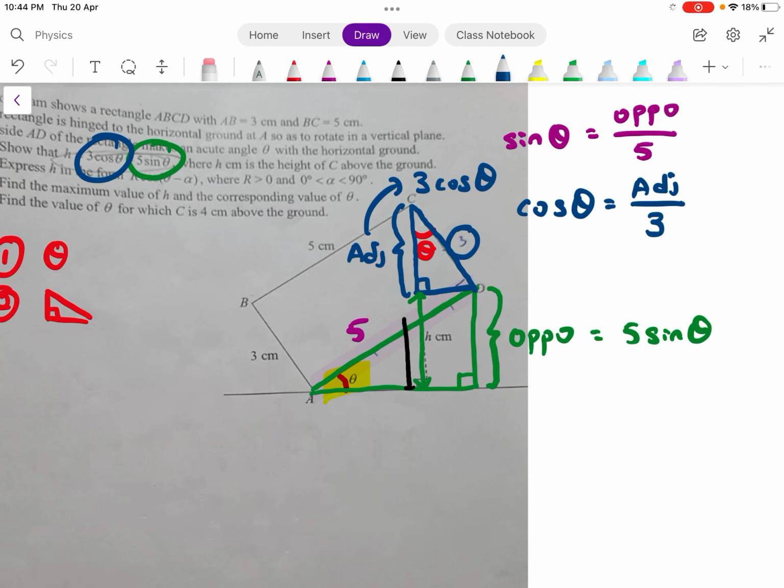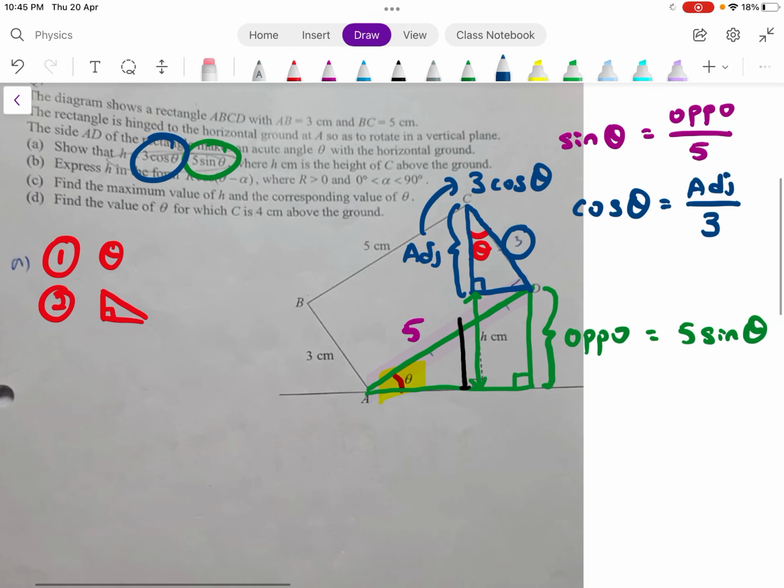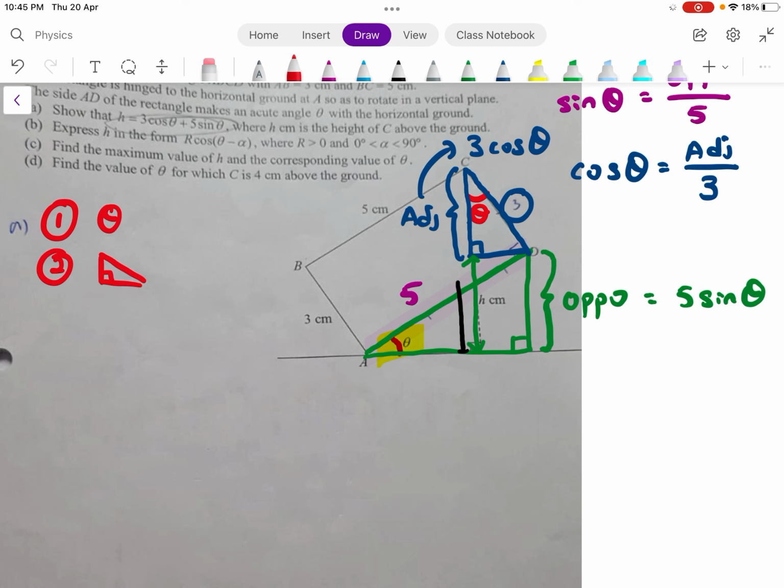So for part A, the difficult part is actually locating the two right angle triangles. Now we move on to part B. Express H in the form of your R formula, so it's R cosine (theta minus alpha). First, H equals 3 cos theta plus 5 sine theta.